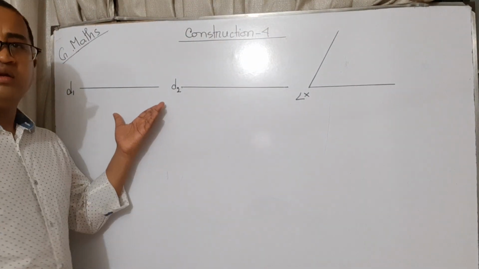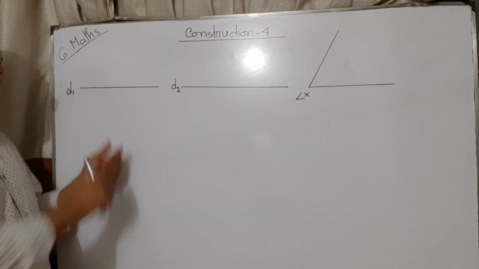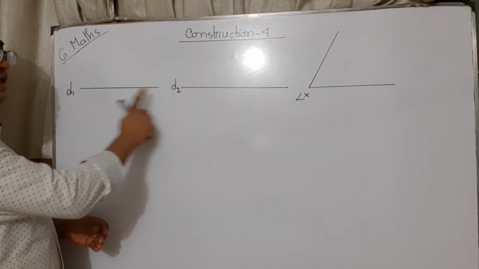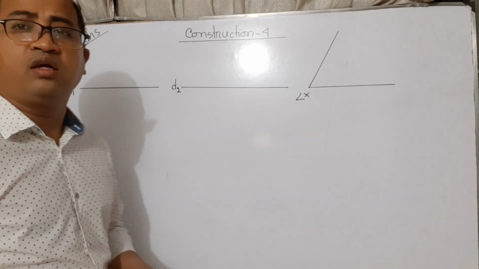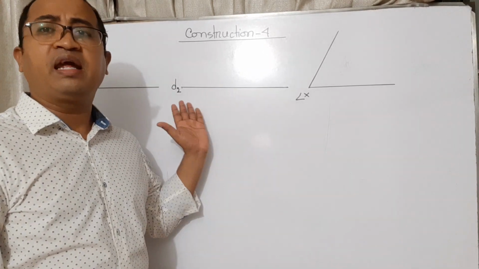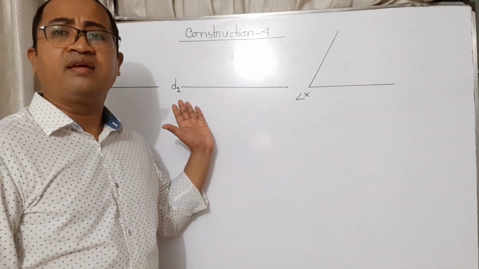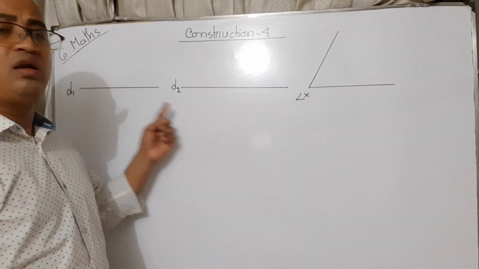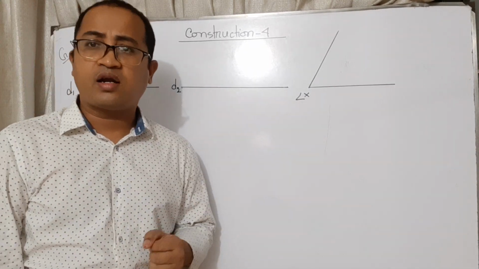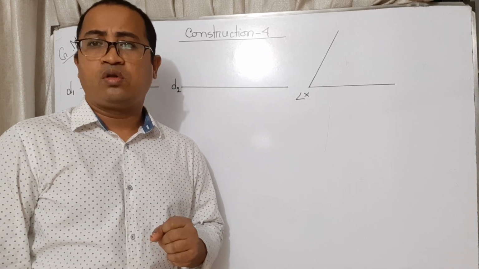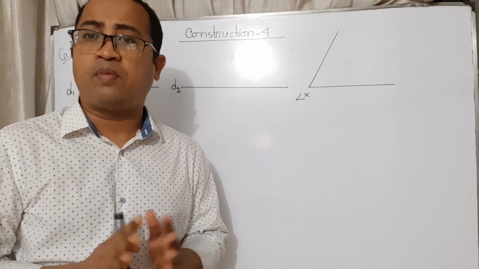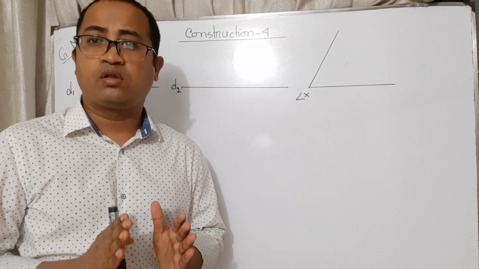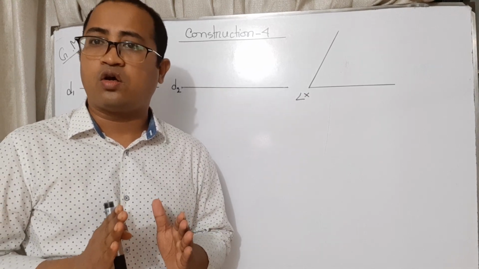Look, this is diagonal 1, D1, and this is diagonal 2, D2. You can take A, B or X, Y as you wish, but I give the names D1, D2 as they are diagonals. Now look, the diagonals of a parallelogram are not equal.